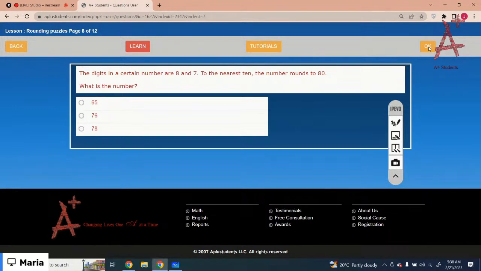Okay, the next one is: the digits in a certain number are 8 and 7. To the nearest 10, the number rounds to 80. So which is the correct option?